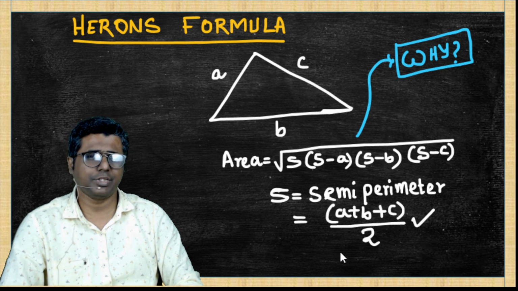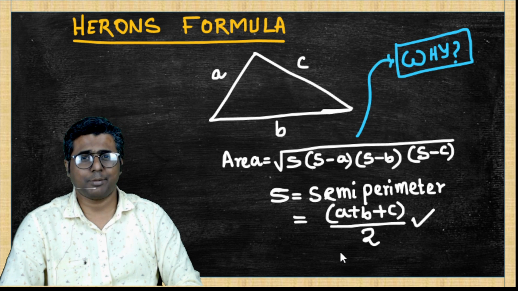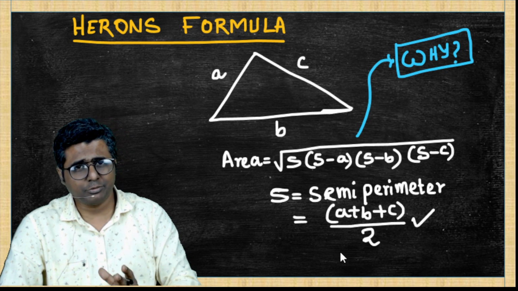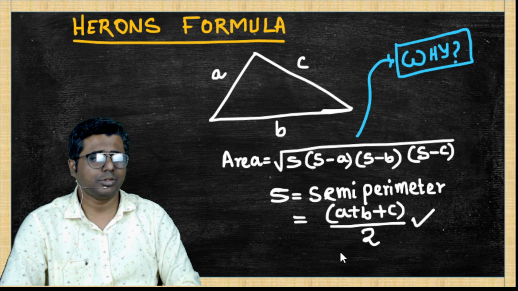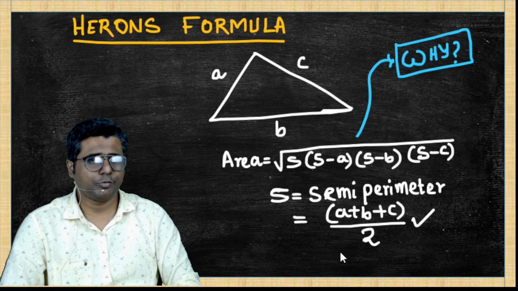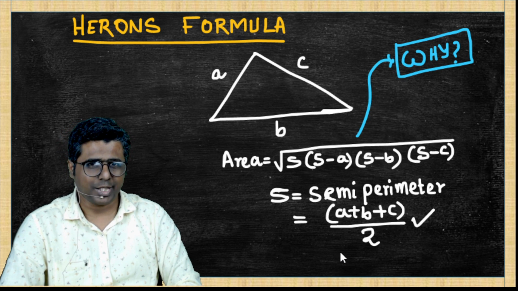However, in this video we are not going to discuss the use of this formula. Rather, we are going to discuss how this formula has come about. Before going into anything, you should have some motivation whether to do this or not.